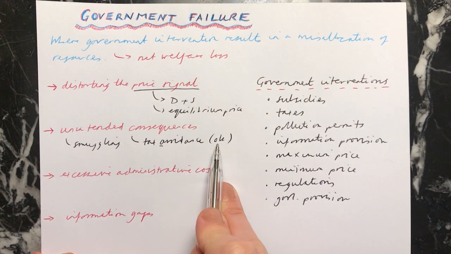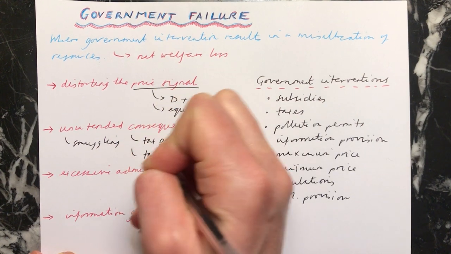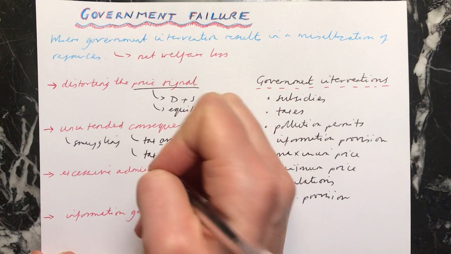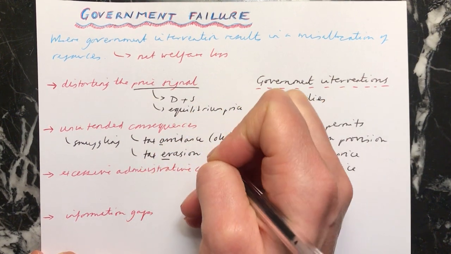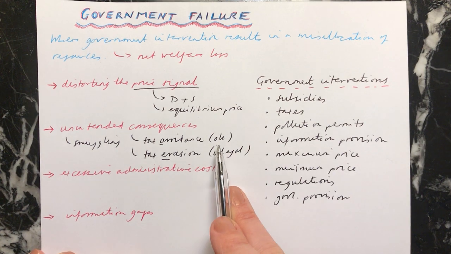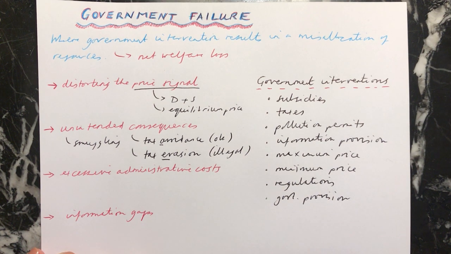The expression if something's A-OK, it's allowed. But also it may lead to tax evasion. And I remember this evasion is illegal. But in either case, whether people or firms are avoiding paying tax or whether they're evading paying tax, they're not paying the tax. This is an unintended consequence.